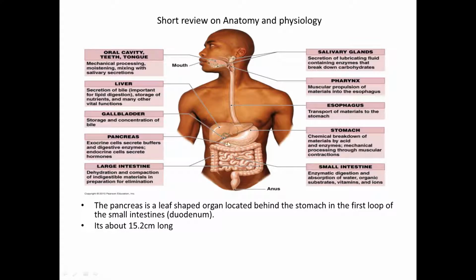Here you can see the pancreas, over my cursor. The pancreas is a leaf-shaped organ located behind the stomach in the loop of the small intestine, which is the duodenum. The pancreas is usually 15.5 centimeters long.